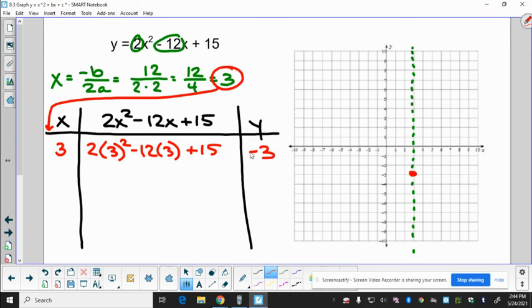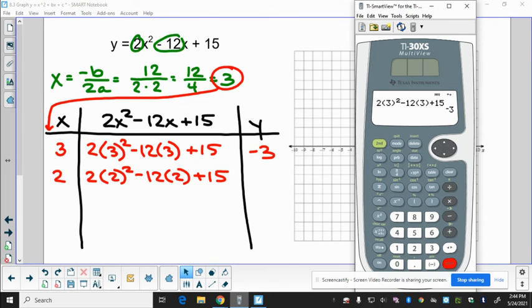All right, next, let's put some more points in there. Let's stay close to the line of symmetry. How about we put a 2 in there next? All right, everybody go ahead and try to calculate that. So what you could do is you could just use your calculator and edit what you have here, which I think is what I'll do.